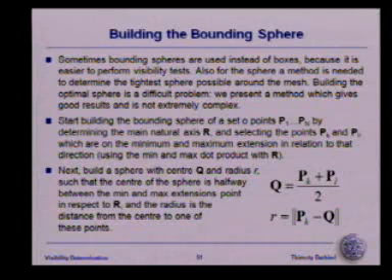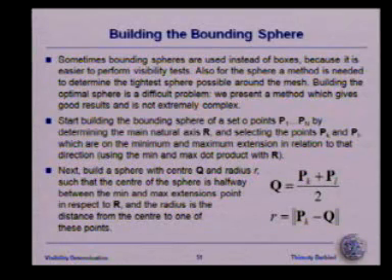You determine the main natural axis R, as we have seen already. Along this main natural axis R, you select the points Pk and Pl which are at the minimum and maximum extension in relation to that direction. How do you do that? Like we did already. We make the scalar products and we pick the minimum scalar product and the maximum scalar product.